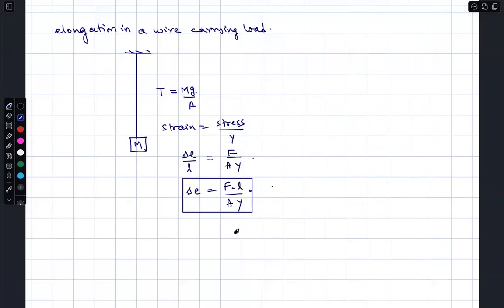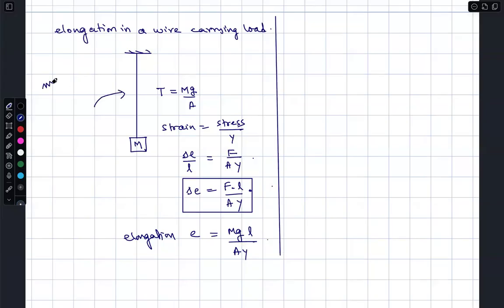Here F is tension. So therefore, elongation is equal to mgL by AY. In this case, the mass of the wire is negligible.